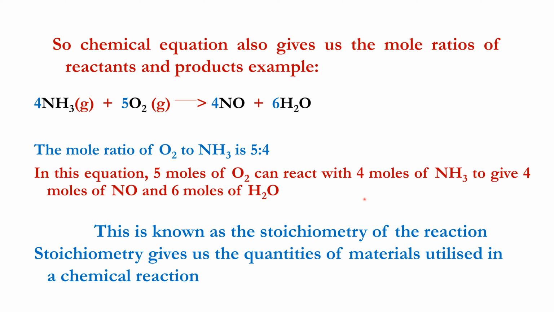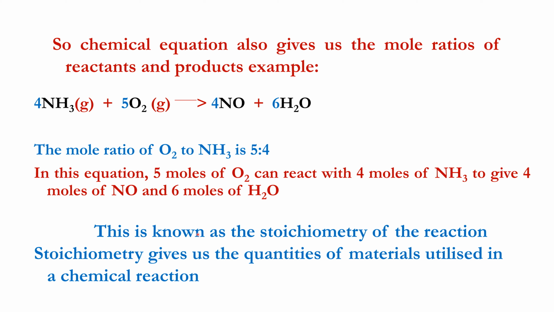So in this equation, 5 moles of oxygen can react with 4 moles of ammonia to give 4 moles of NO plus 6 moles of water. So a chemical equation can give us a whole lot of information.